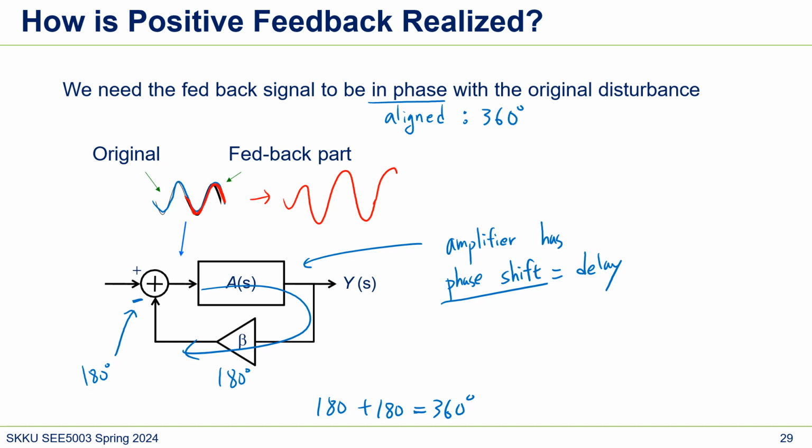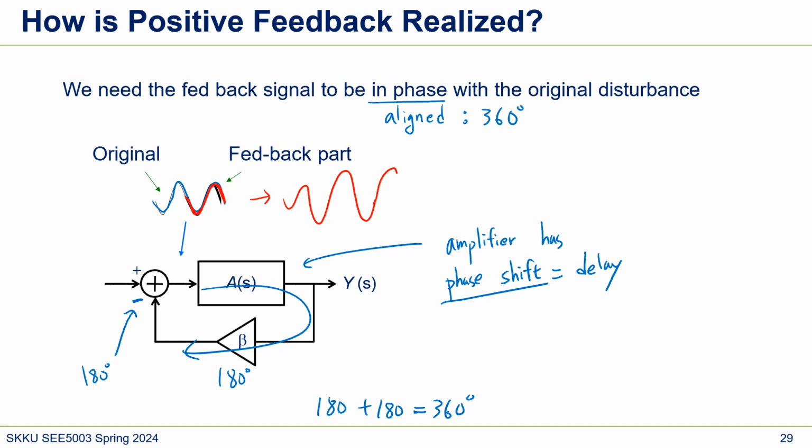But is that the only condition that can have positive feedback? No. Amplitude. Even if you have 360 phase shift, if our feedback signal is really small, then eventually it will not diverge, it will not oscillate.